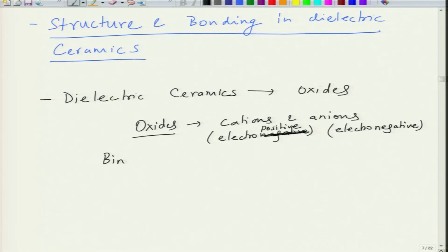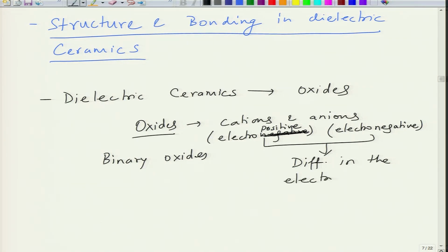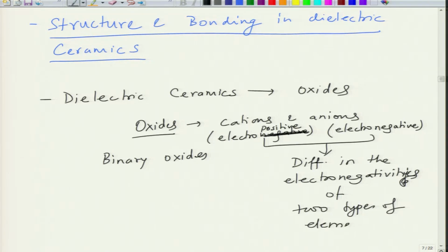So, basically the difference in the electronegativities of two types of elements drives the type of bonding that you will have.